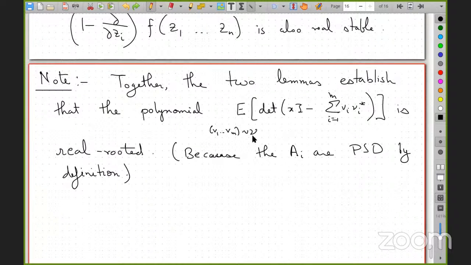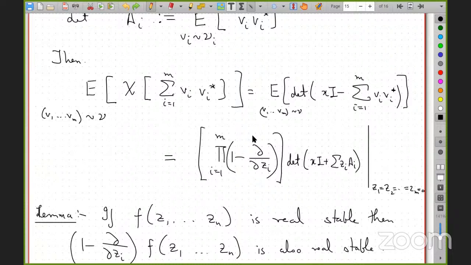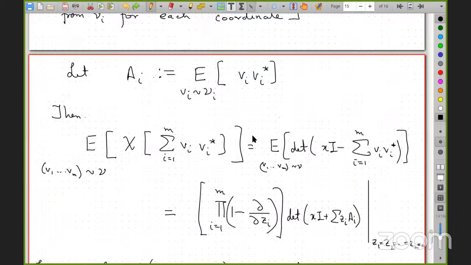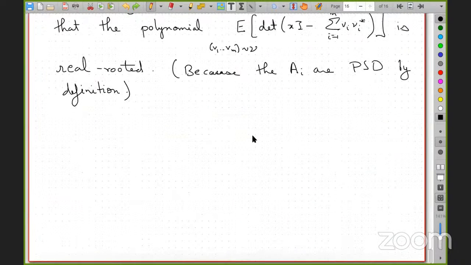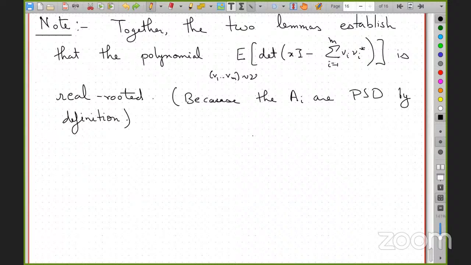So together these two things will imply real rootedness, with the previous stability results we have seen.